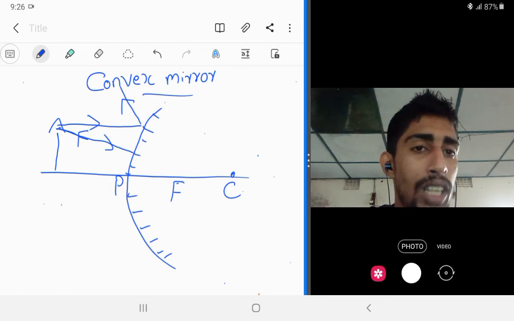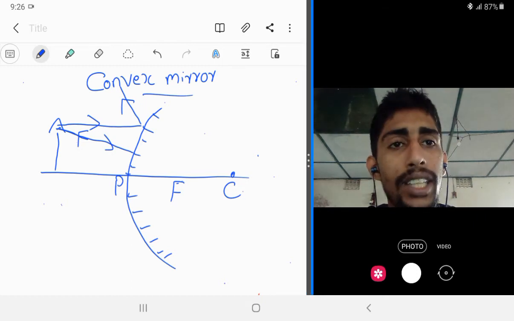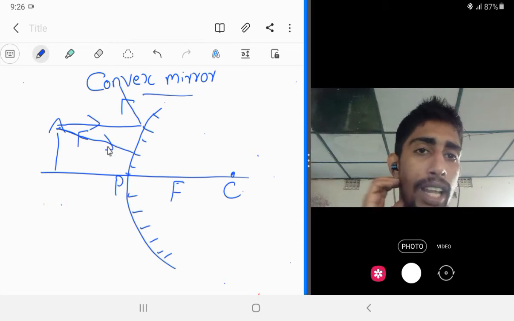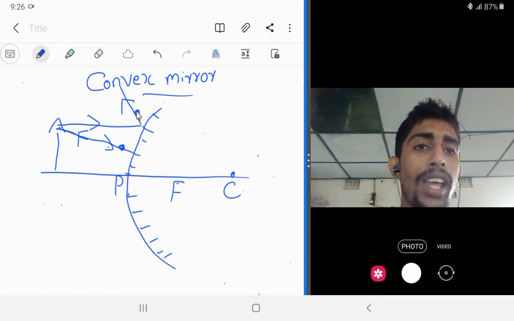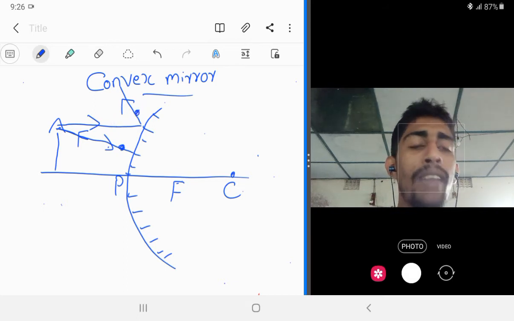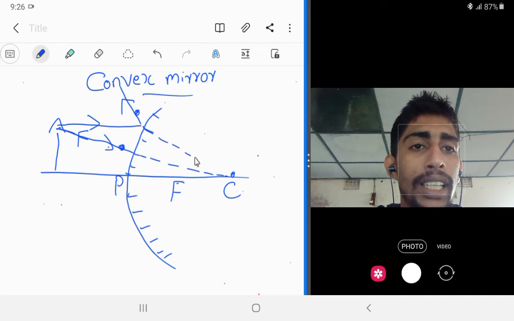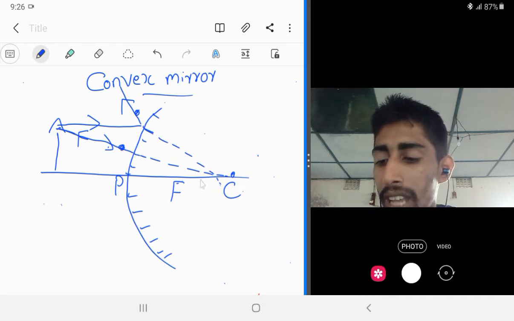We already studied those laws. Then you can see here that both the reflected light rays are moving away from each other. So if we extend back these light rays, then we will get the image.